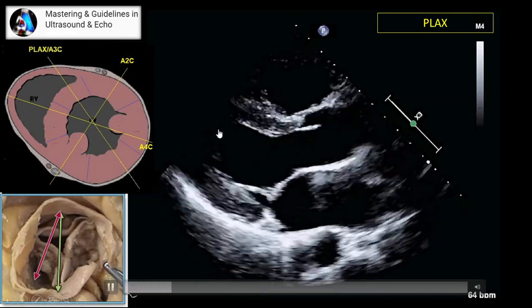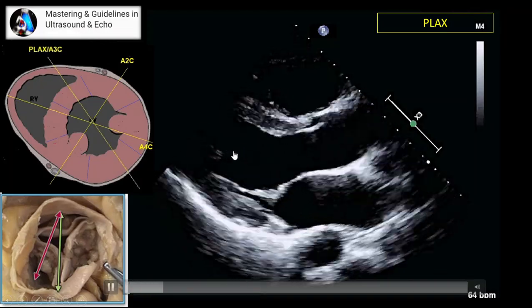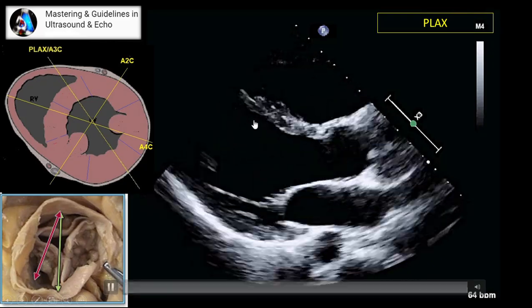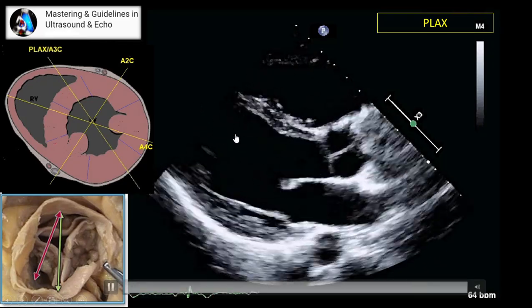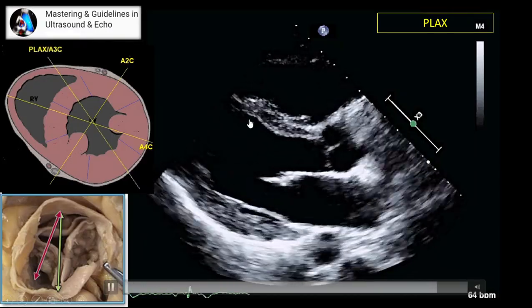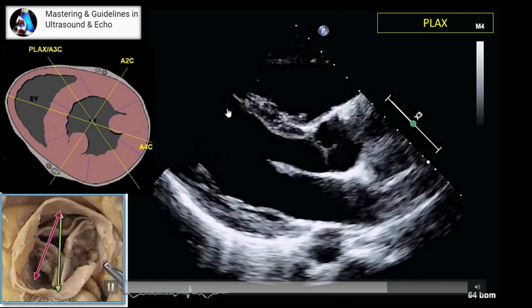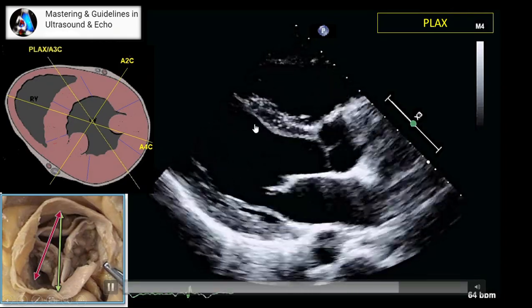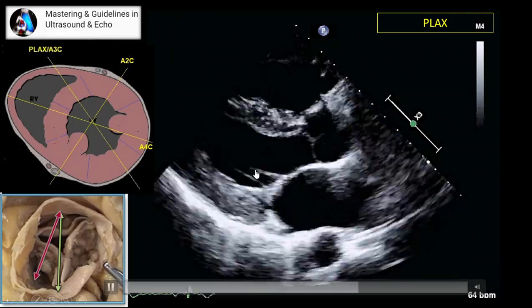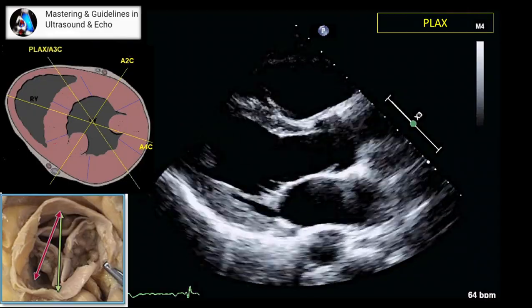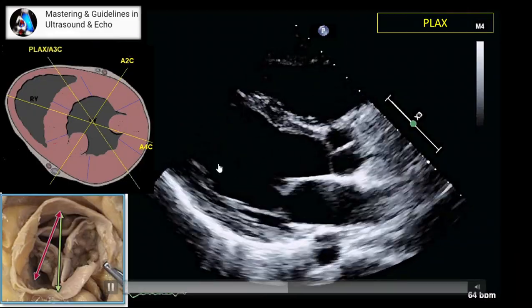Another factor that tells us we are in the correct PLAX view is that the left ventricle at the end of the left side toward the apex will not be closed. If it closes during systole, most probably the patient has a very hyperkinetic left ventricle with an ejection fraction almost over 70, or most of the time we are off the axis.